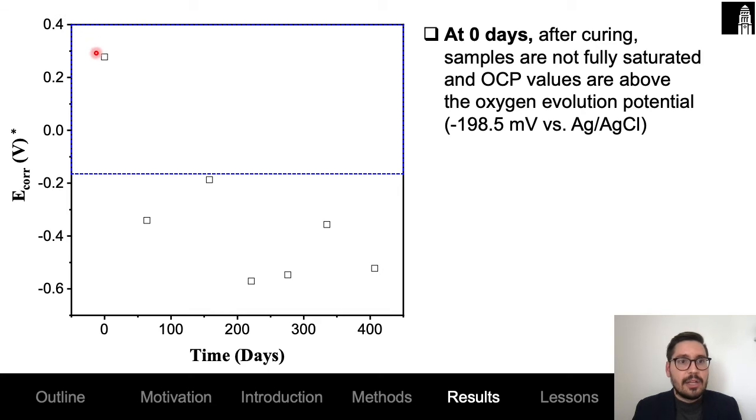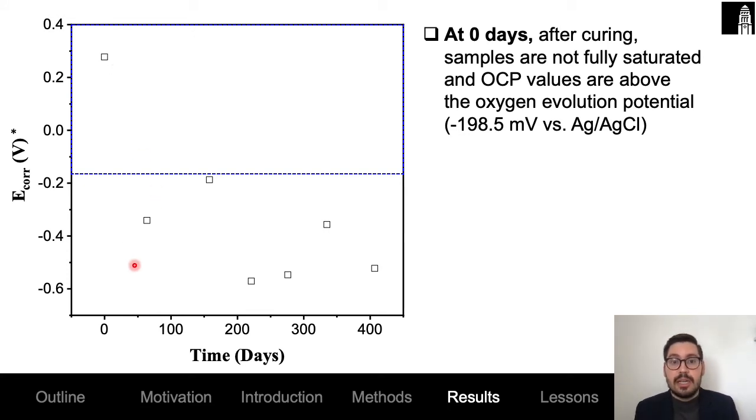So this value indicates that the samples are not fully saturated at this point, right? These are samples that have been just cured, and the OCP potential has been measured.